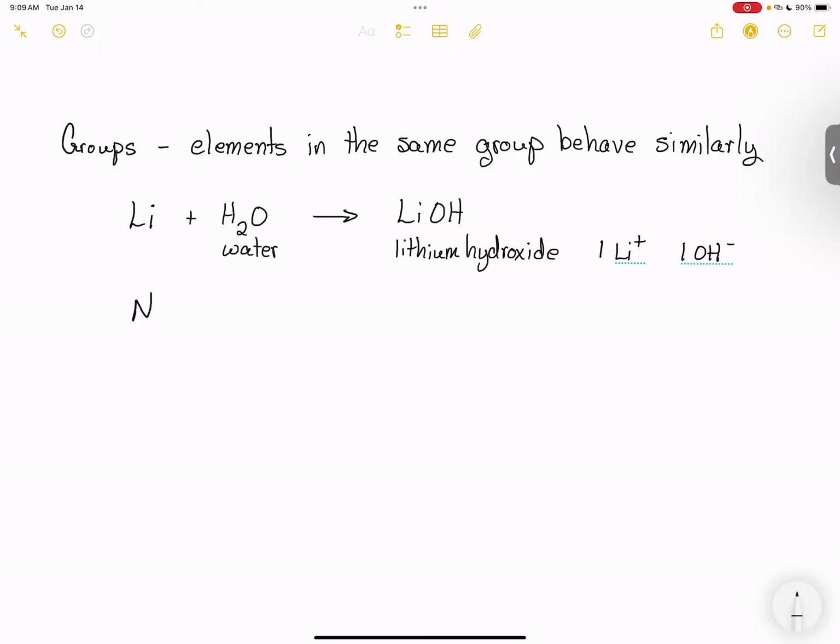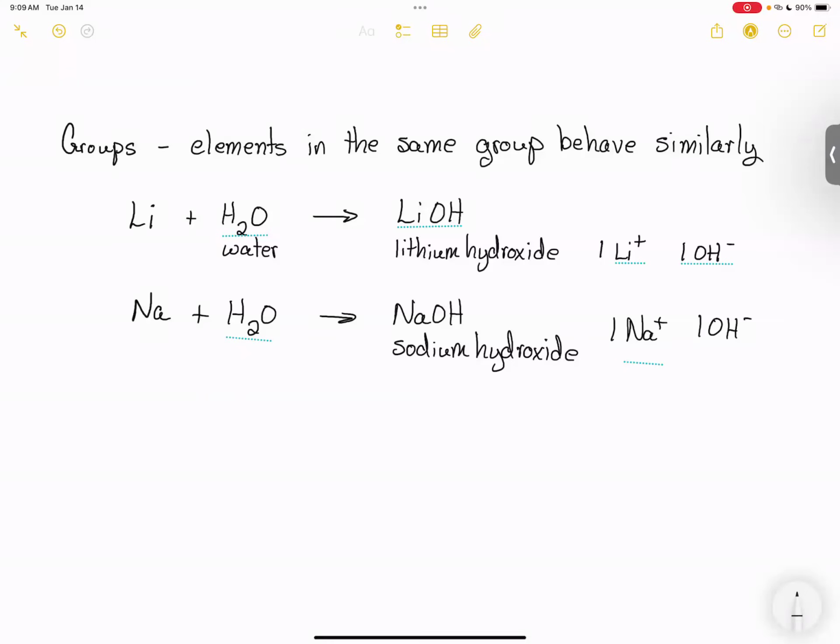The next one I said was sodium. When you put sodium in water, you get out sodium hydroxide, which has one sodium ion and one hydroxide ion.